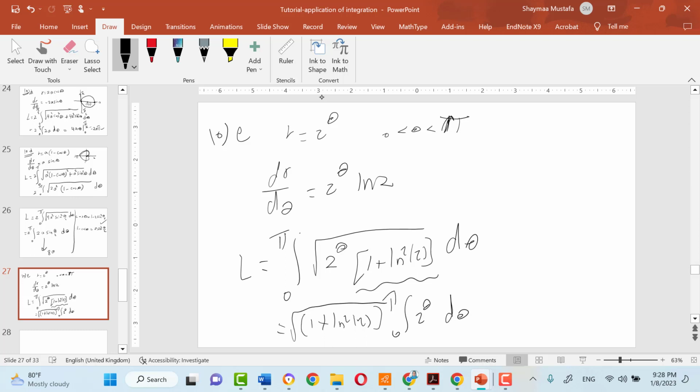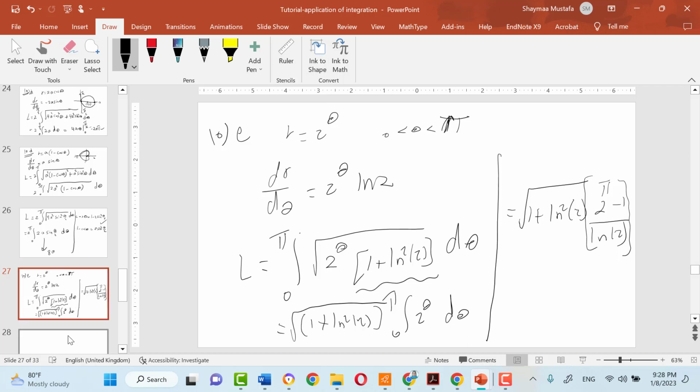So after calculation this will be equal to the square root of 1 plus ln square 2 times 2 to the pi minus 1 over ln 2. Because this one will be different, I think, from the final answer in the file.